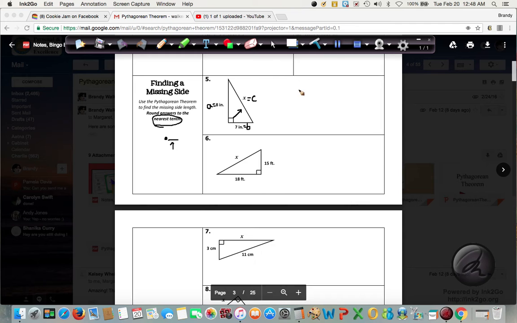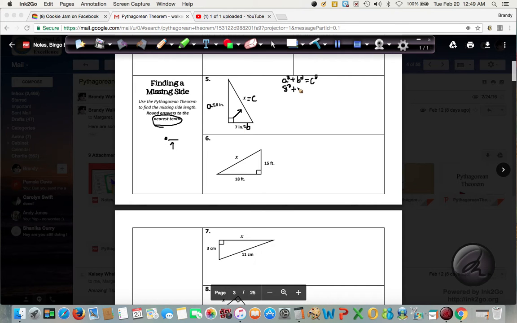Now we have a little bit more room, so I want you to go ahead and rewrite your formula here. A squared plus B squared equals C squared. And now we're going to plug it in. So A is 8. So we have 8 squared.